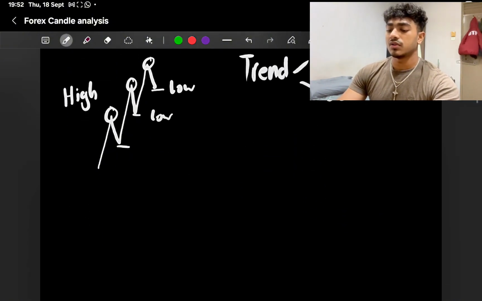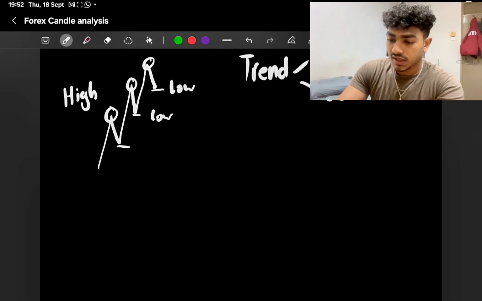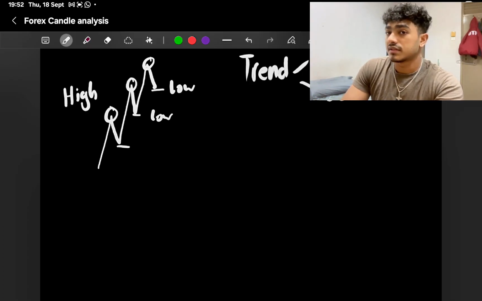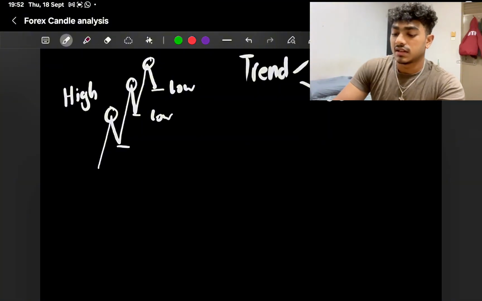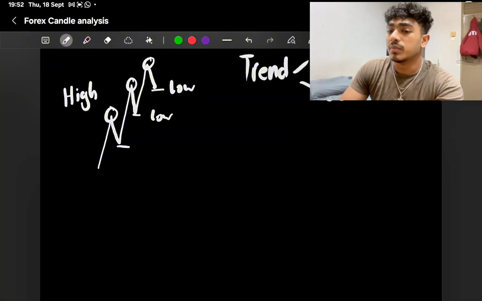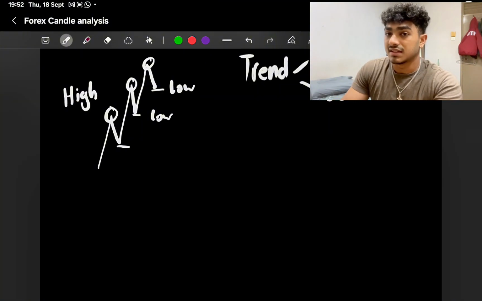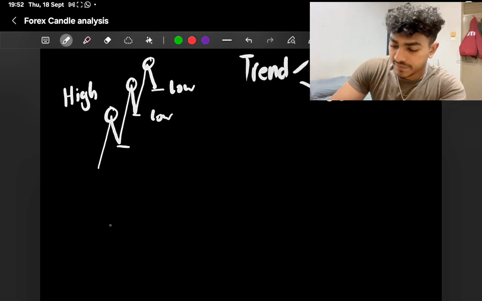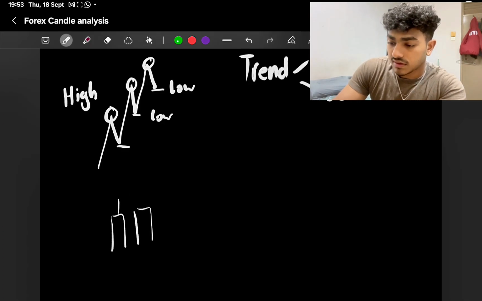Now, how do you consider an uptrend or downtrend? Very simple. An uptrend means it has to break structure to the upside. It has to basically go above previous highs. Let me show you.